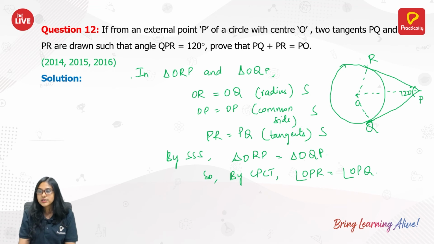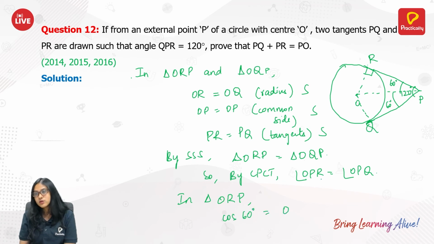So angle OPR equals angle OPQ, but the total angle is 120 degrees. So this will be 60 degrees, this will be 60 degrees. And we know that this is 90 degrees. Now, see the magic. In triangle ORP, I will be using cos 60 degrees. Cos 60 degrees equals adjacent by hypotenuse, PR by PO.